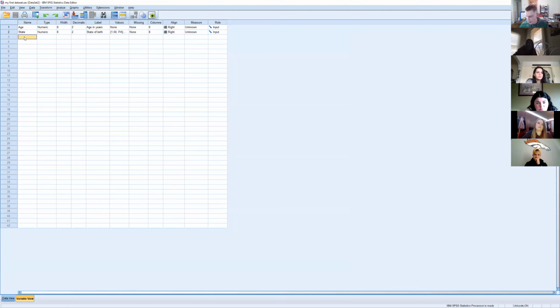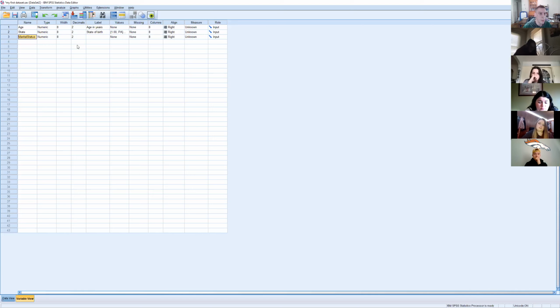Let's create one, I'll call it marital status. Again, remember, when you're making variable names, you cannot have any spaces or special characters in it, and it limits the number of characters you can put in there.